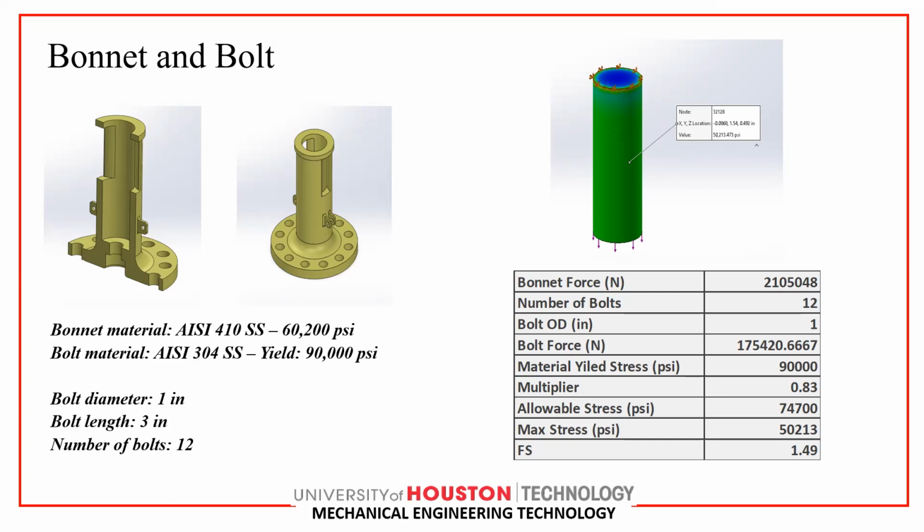Anyway, the bonnet is connected to the valve with the bolt. In some designs, the bonnet is connected with the valve by threads or welding. But in our project, we decided to connect the bonnet with the valve body with bolts. The bonnet is produced either by cast or forged, and it can be very complicated in manufacturing.